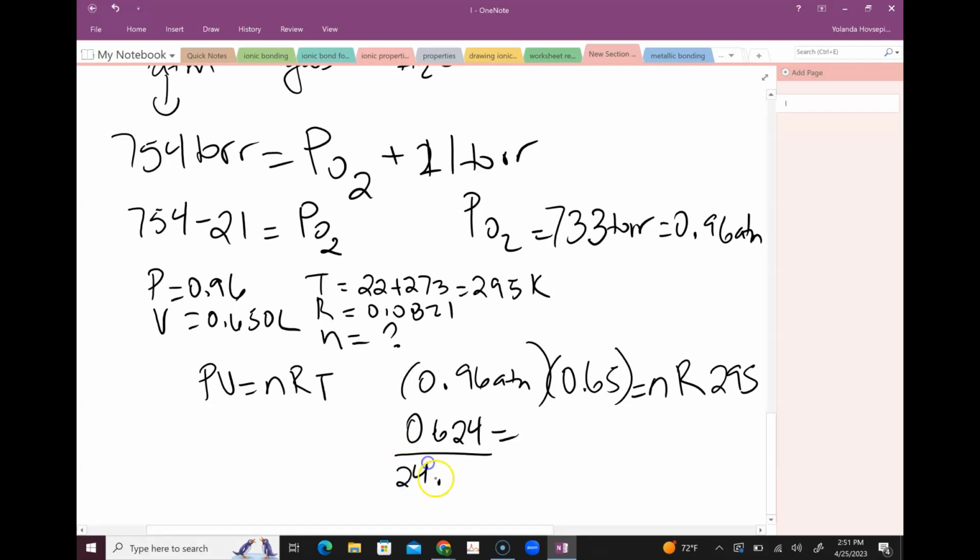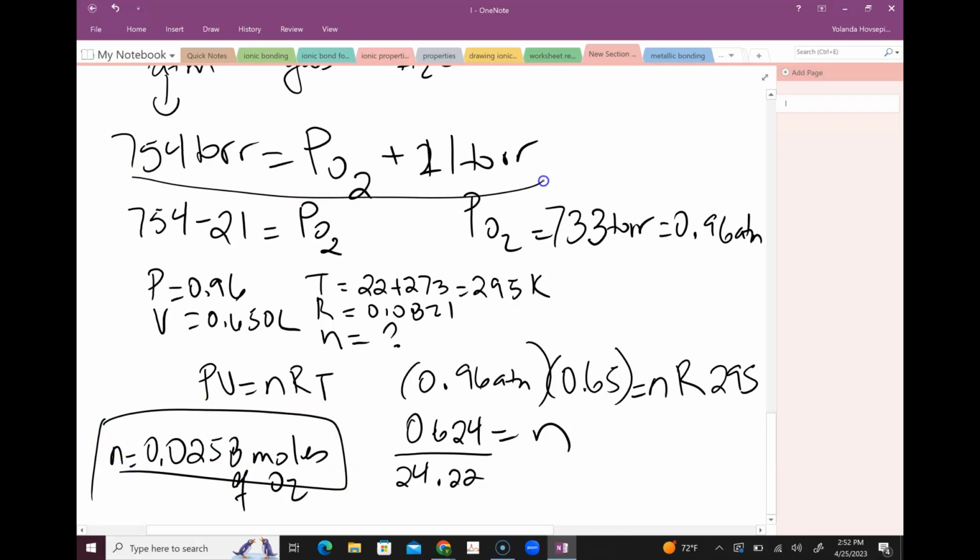So 24.22 equals n. So 0.624 divided by 24.22 gives you, so n is equal to 0.0258 moles of oxygen.